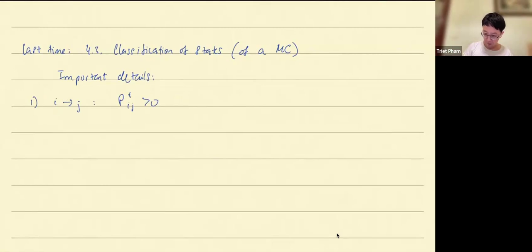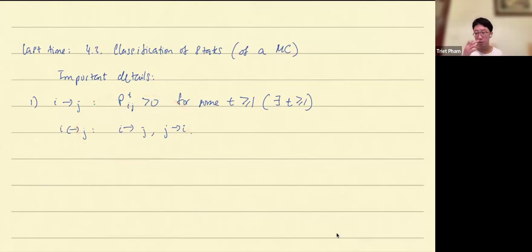This also means there exists t equal to 1 such that... So basically, if you can go from I to J using a path of length t with positive probability, then J is accessible from I. And I and J communicate if they're accessible from each other. So that's just a definition.